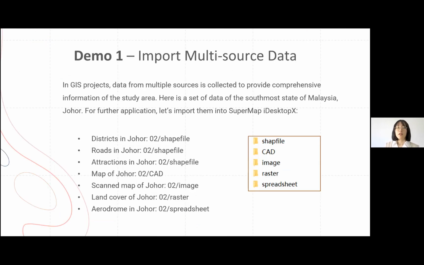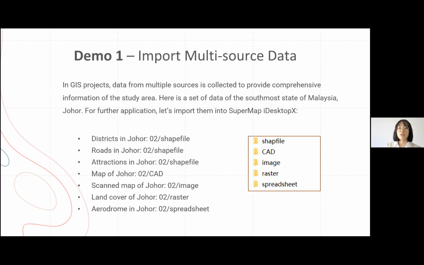And so now let's move to our first demo, that is to import multiple source data sets into SuperMap iDesktopX. We all know in our actual GIS projects, we would use data sets from different sources collected by ourselves or provided by someone else, so that we could have comprehensive information for the study area.